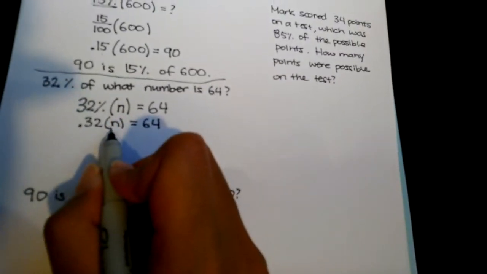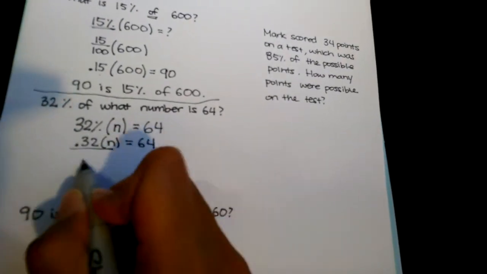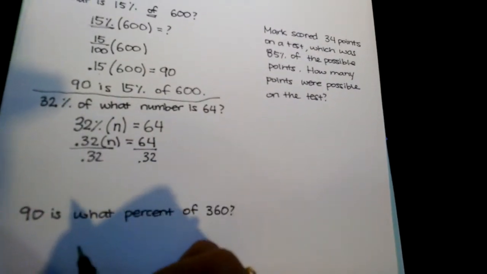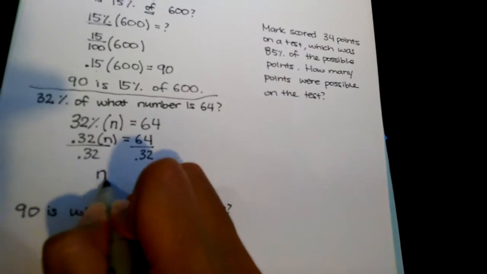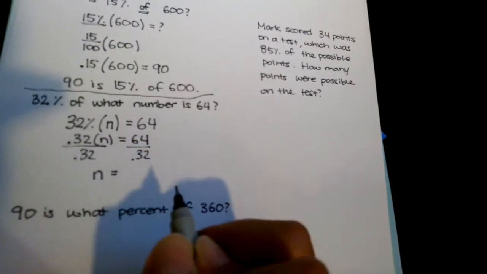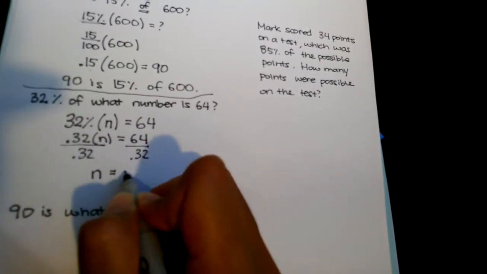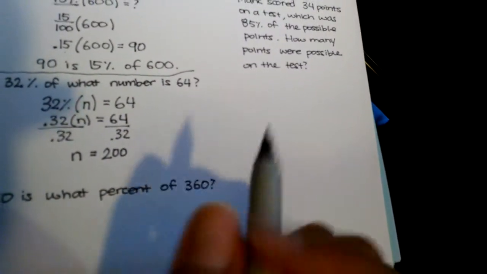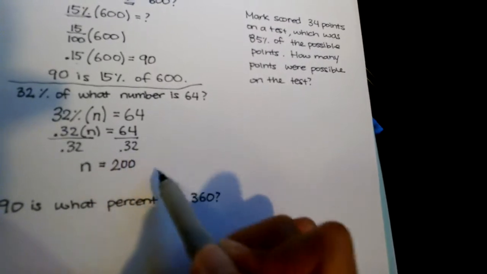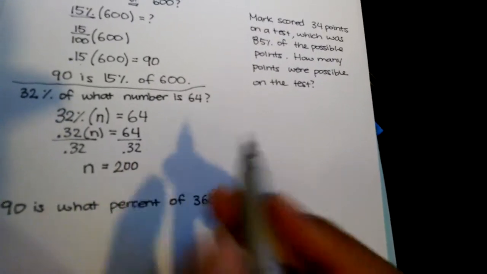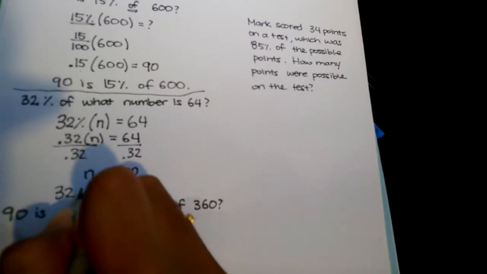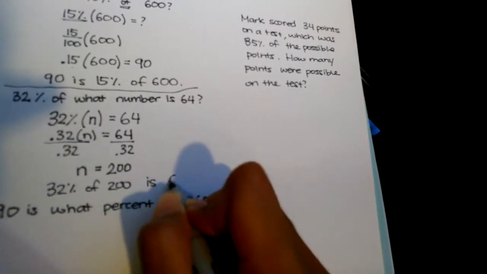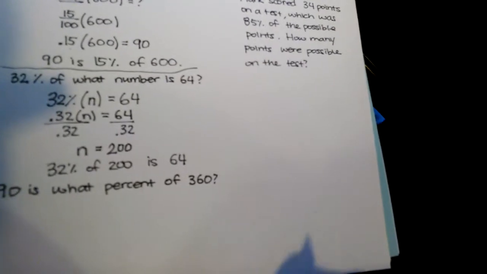To solve for n, we divide by 0.32 like we've been doing so far. Once you do that, n is equal to 200. You could punch this in a calculator or do it out longhand, and you'll get 200. So 32% of 200 is 64, is our conclusion.